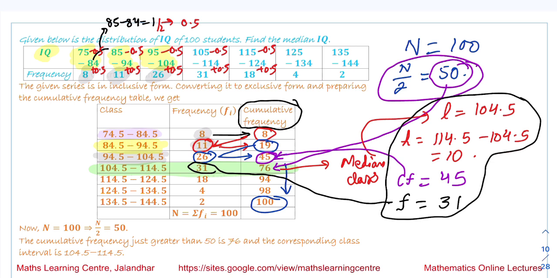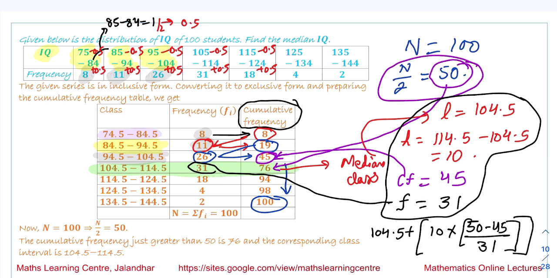So the answer we will obtain is 104.5 plus this bracket over here, then H, 10, into, again, the bracket over there. The next value is n by 2, that is 50 minus 45 over 31. First of all, we solve this bracket. On solving this bracket, the answer we obtain is 5 by 31.